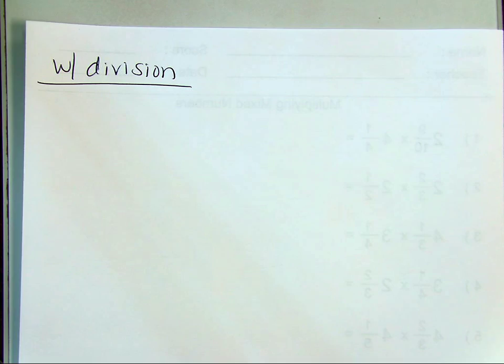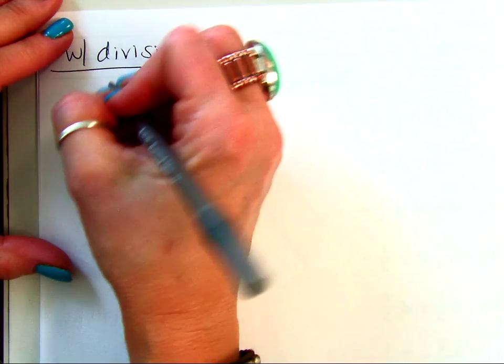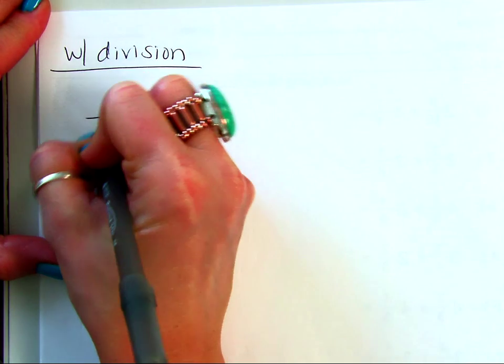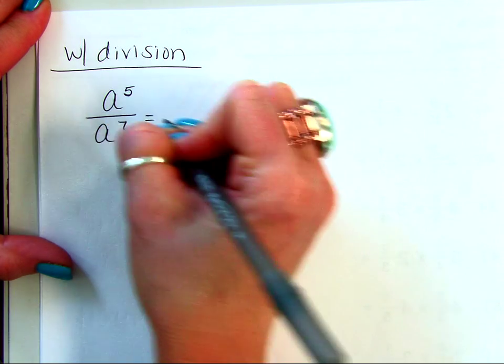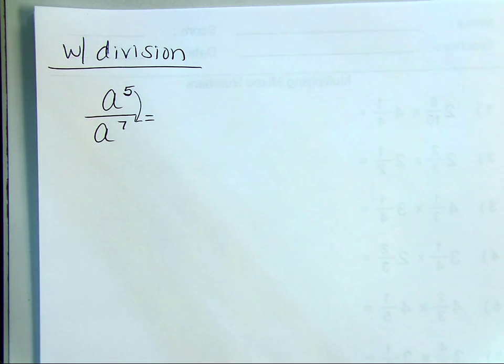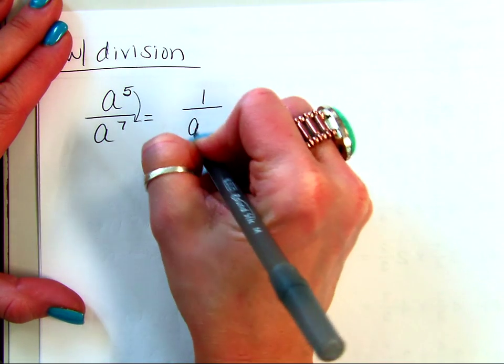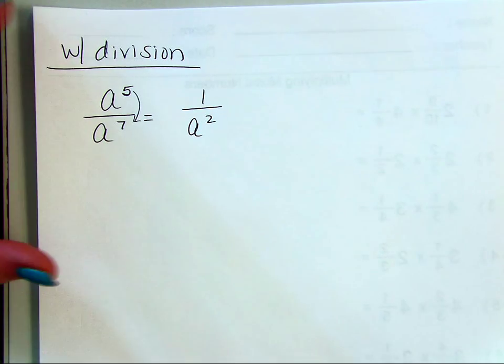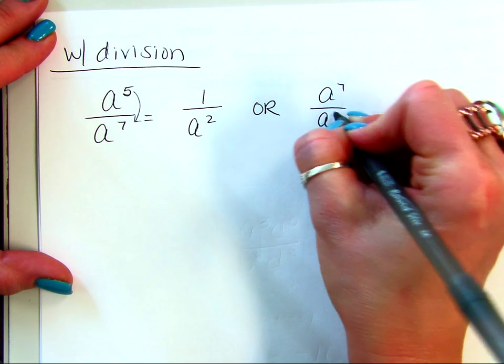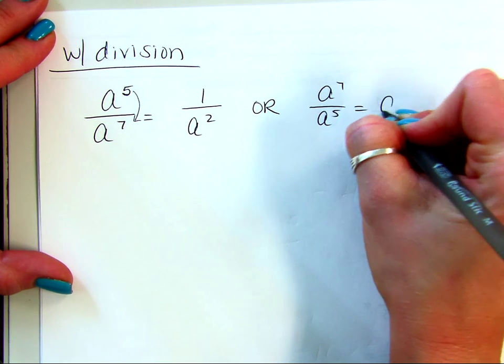So if I had a to the 5th divided by a to the 7th, you know that this comes down here. I know they're not negative right now. But you know that this was the 1 over a squared, right? You knew that. Or, if it was flipped around, then your answer was just that, right?